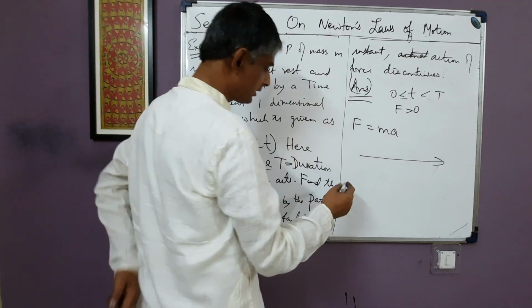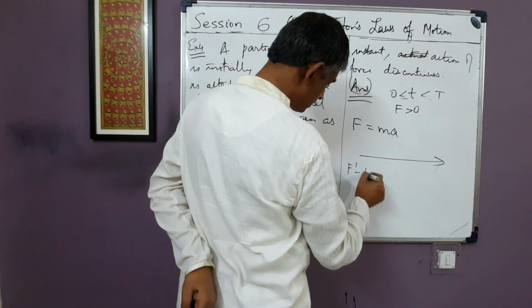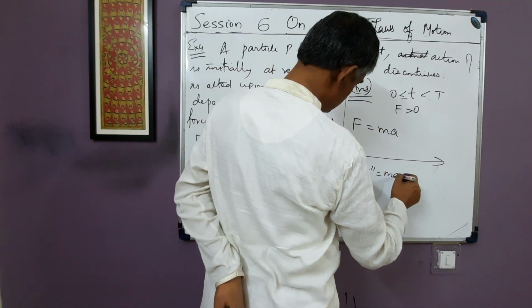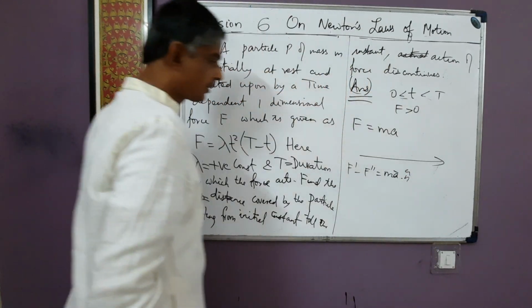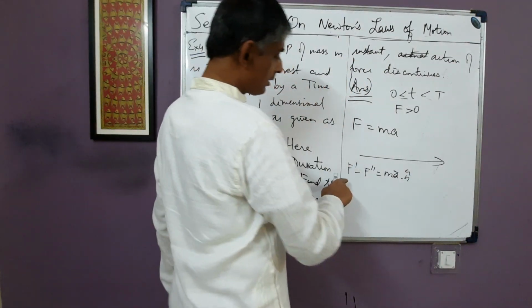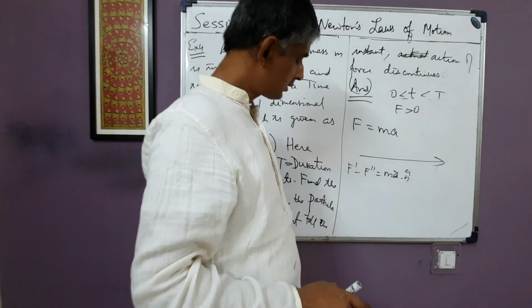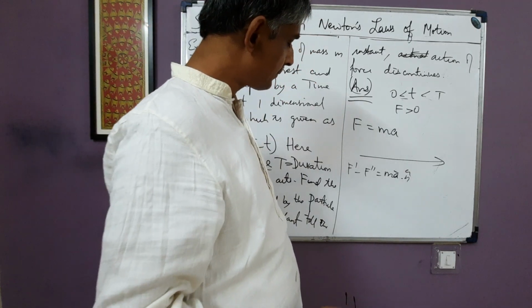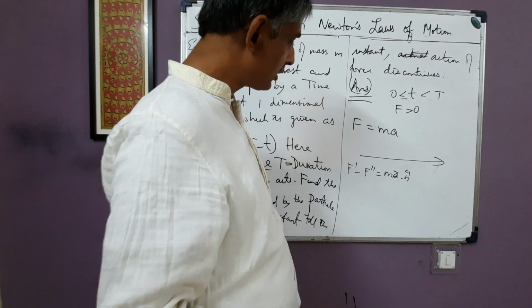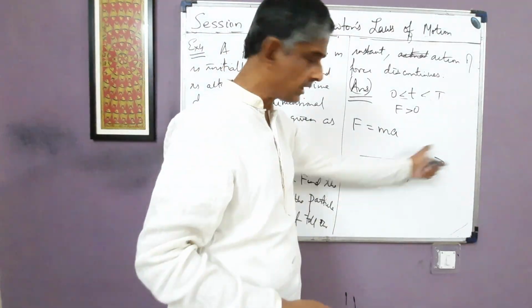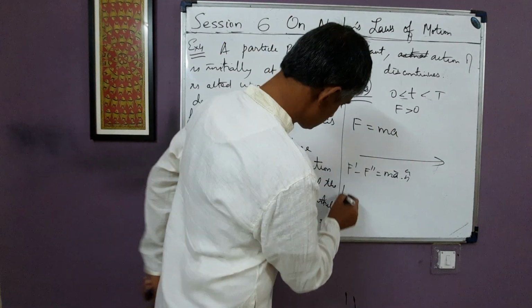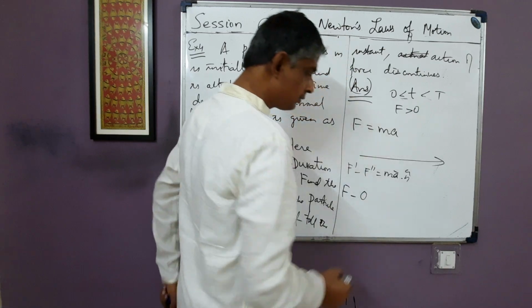So F dash minus F double dash is equal to m a dot n hat. F dash is just the sum of magnitudes of all the real forces on the point which act along this direction, which is simply F.